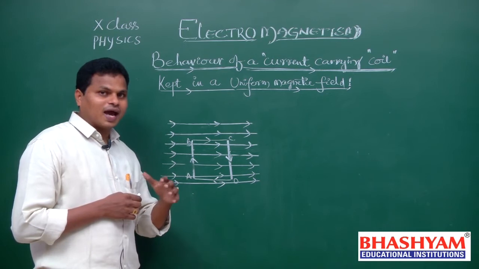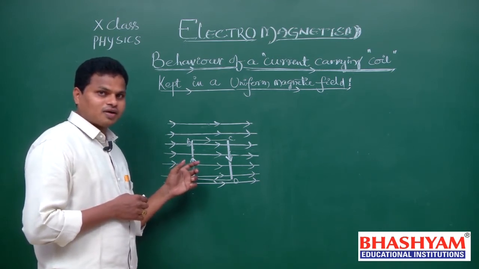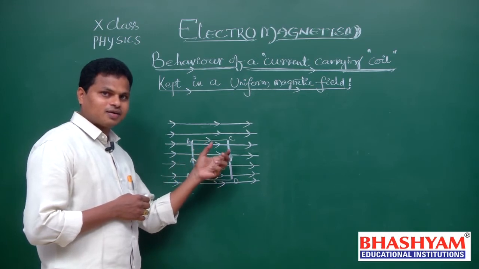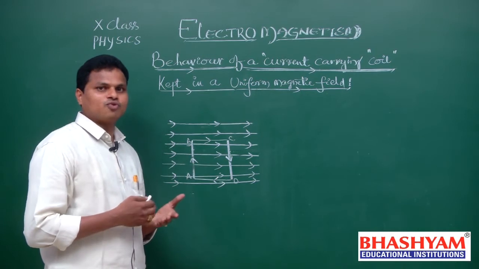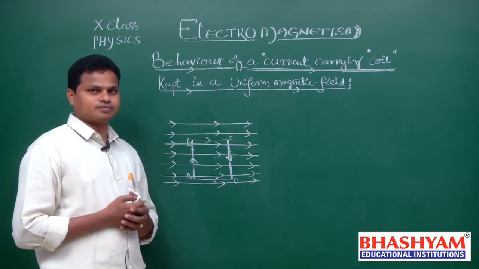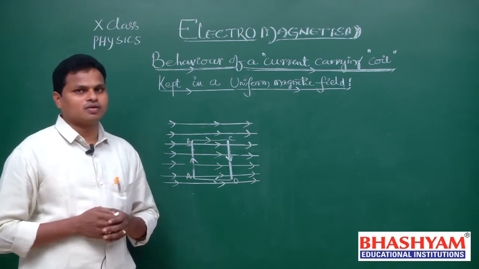On which arm does the force act, arm AB, CD or BC? We can find it using the right hand rule.